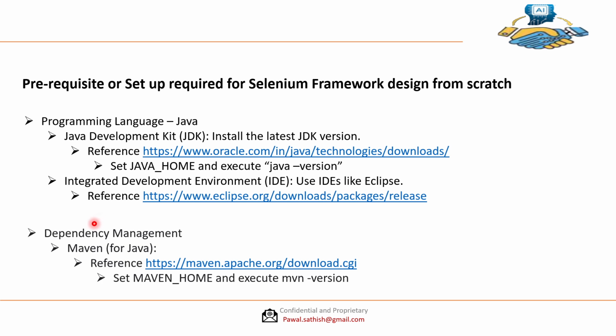Next we also require Maven. Once we install Maven, we can set the MAVEN_HOME environment variable, and we make sure Maven is installed correctly using the mvn -version command. Basically, we require Maven for dependency purposes.